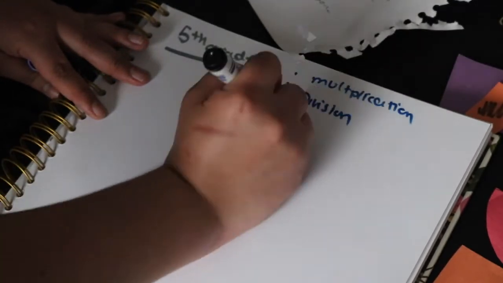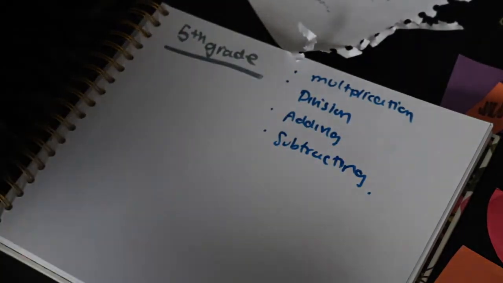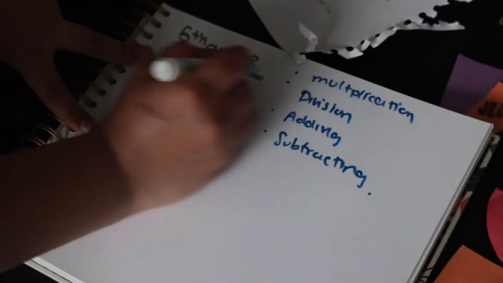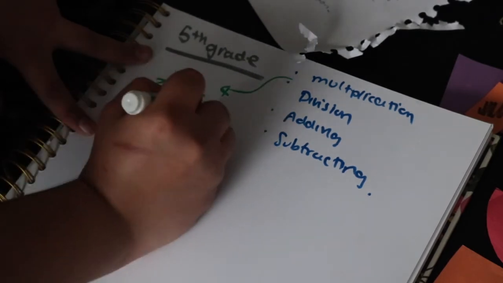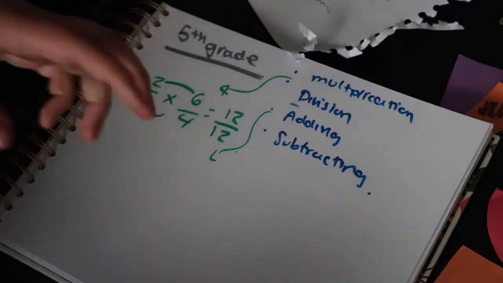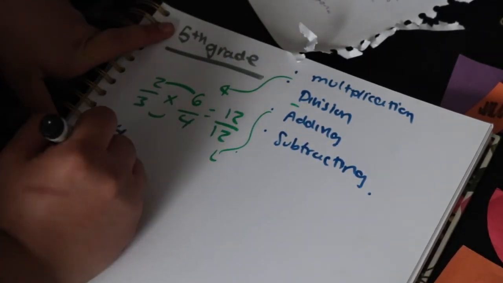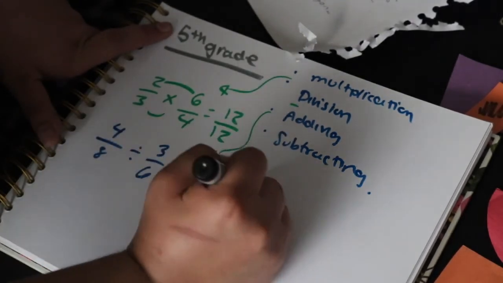scenarios. Talking about real world scenarios, 5th grade begins to see and learn fractions using real life scenarios, using word problems, and also begins to use more equations and solving them. So they begin to learn how to multiply fractions, divide fractions, add fractions, and subtract fractions.